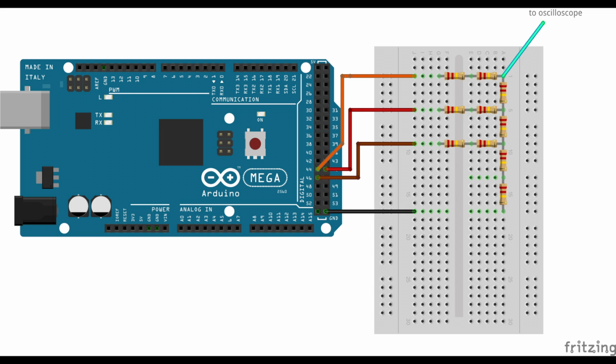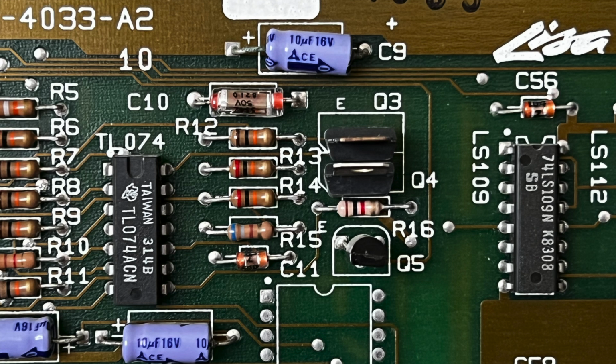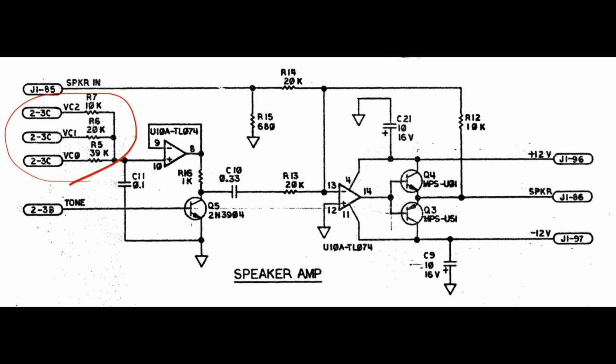In fact, a resistor ladder is a simple digital to analog converter which, given enough bits and precise resistor values, can serve as a sound DAC. However, in the case of the Lisa, instead of modulating the shape of the sound wave, it modulates its overall amplitude. That is, it serves as a digital volume controller.